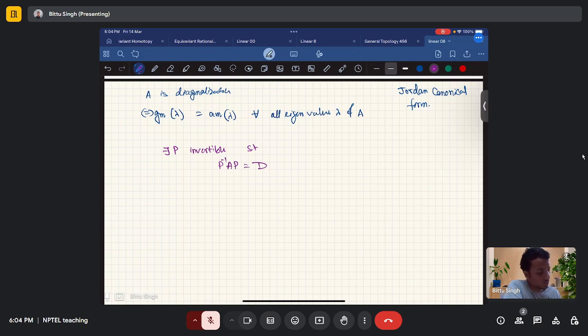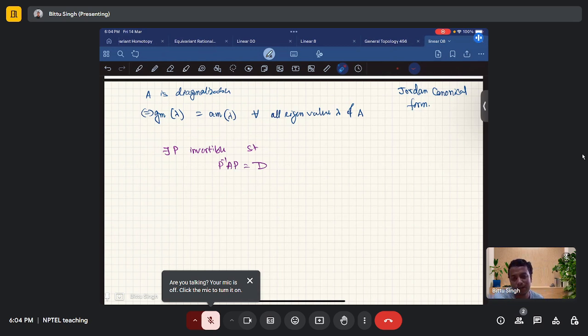But we can do something like this. Why do we always try to make something a diagonal matrix?